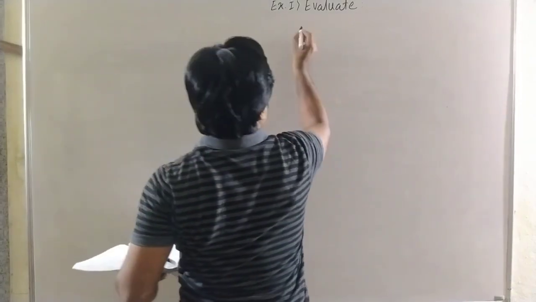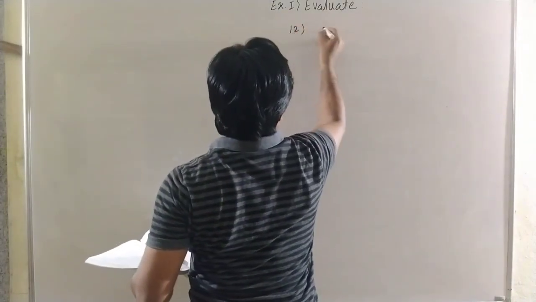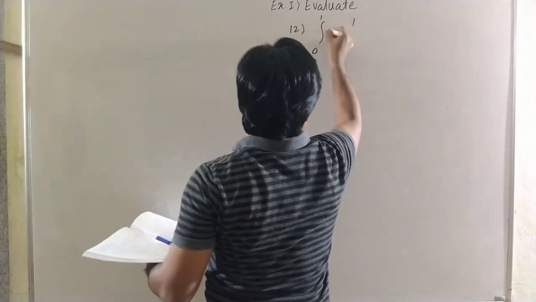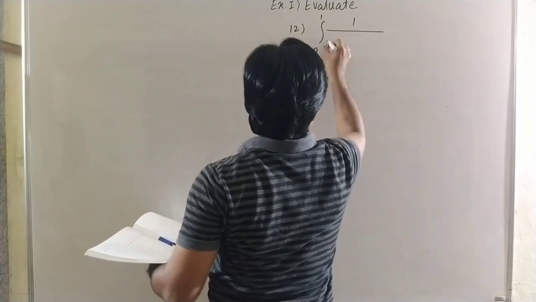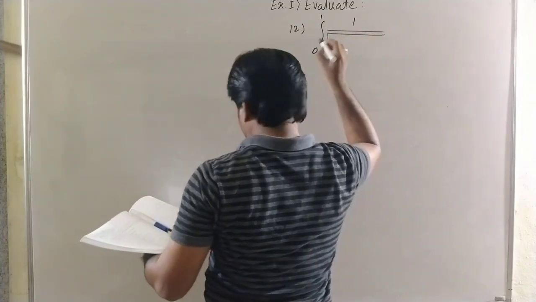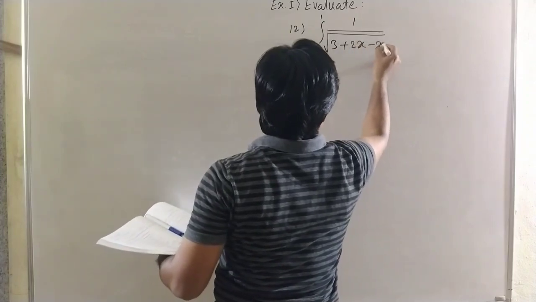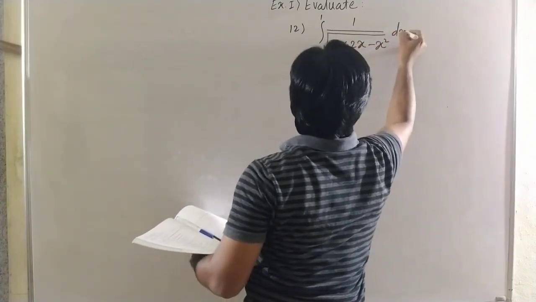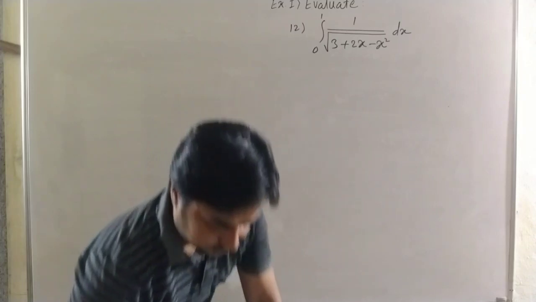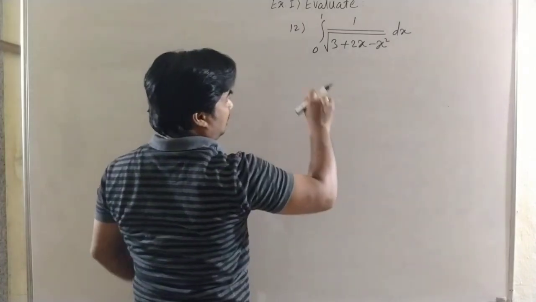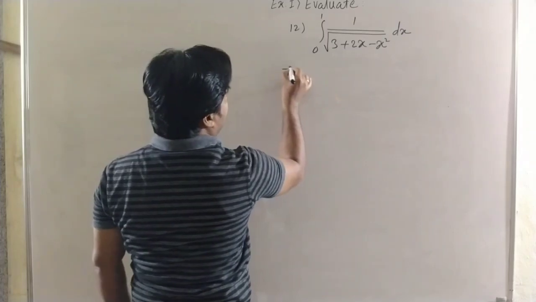Again the same, under root quadratic function. Integral 0 to 1, 1 upon under root 3 plus 2x minus x square dx. Again it is 1 upon under root quadratic function. Same procedure, by the completing square method we can solve this integral.